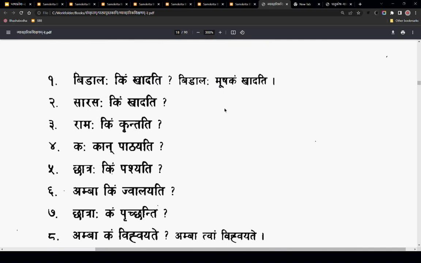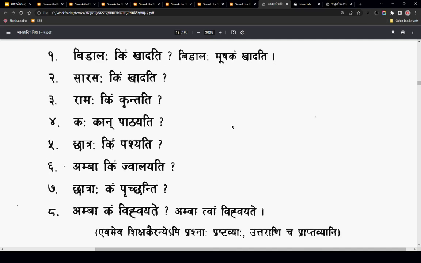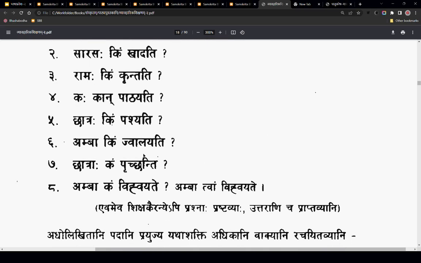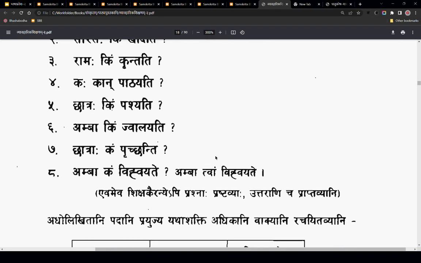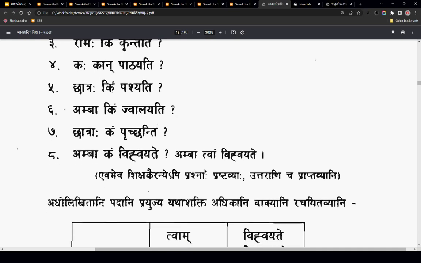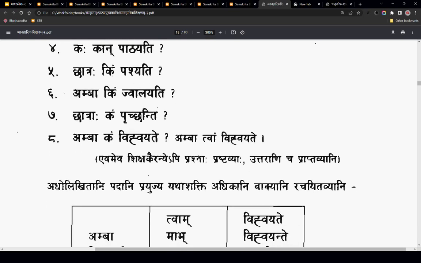Sarasah kim khadati, sarasah meenam or matsyam khadati. Ramah kim krantati, Ramah nakhan krantati. Kan pathayati, chatran pathayati. Kim pashyati, gurum pashyati. Kam jwalayati, agnim jwalayati. Kam prachchhati, gurum prachchhati, or shikshakam prachchhati. Vihvayate, which we saw before. Tvam vihvayate.